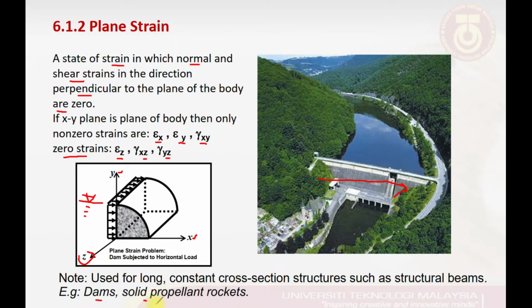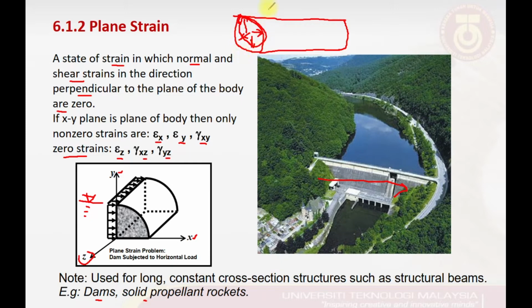In this solid propellant rocket, if we can imagine, we have a propellant that we place solid in the rocket barrel. Usually this will create a high pressure inside this barrel.